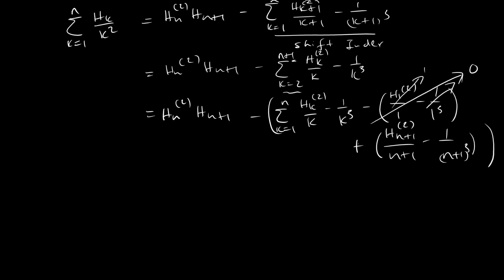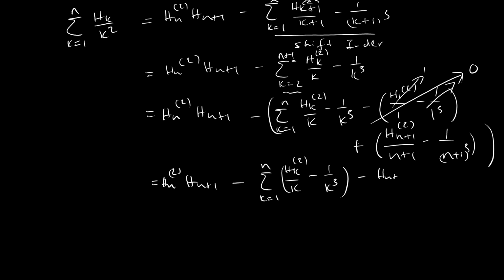And so we come to a point where this minus comes out, so we have minus H_{n+1} squared and plus 1 over n plus 1 cubed.